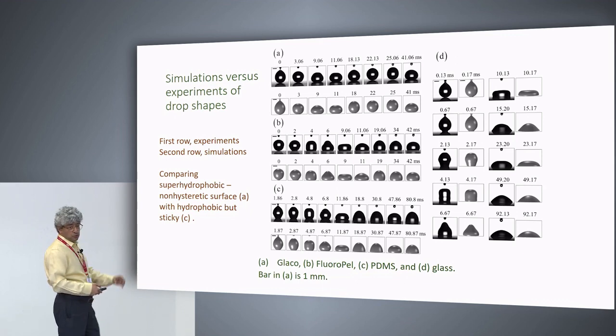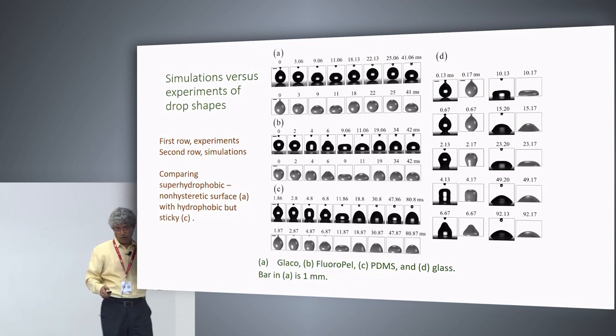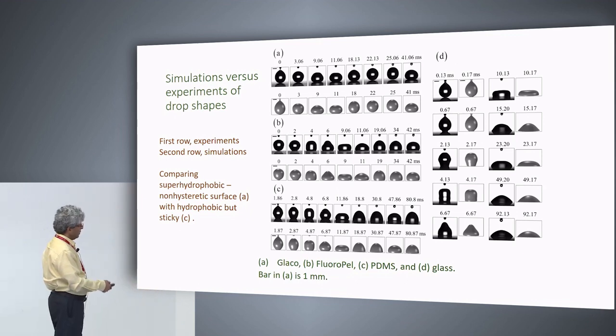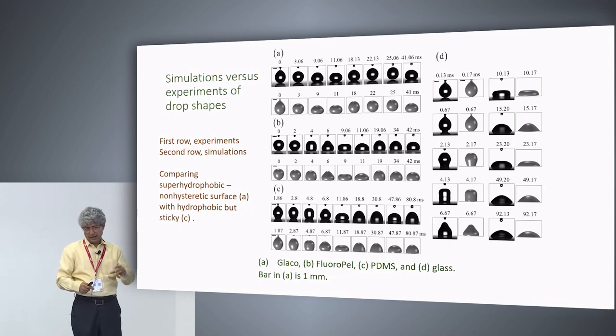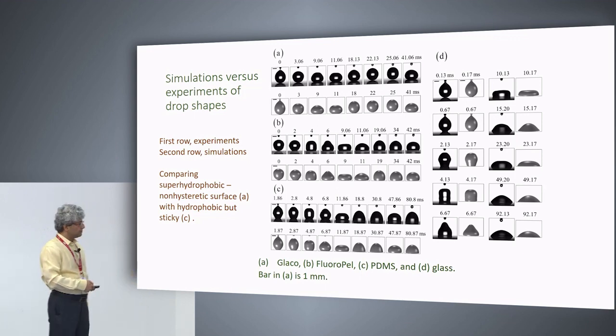So you have to match the instant of recoil. You also have to match the height of recoil and the duration of recoil. And third, part C, is PDMS, where the base gets frozen and there are height oscillations of the drop.